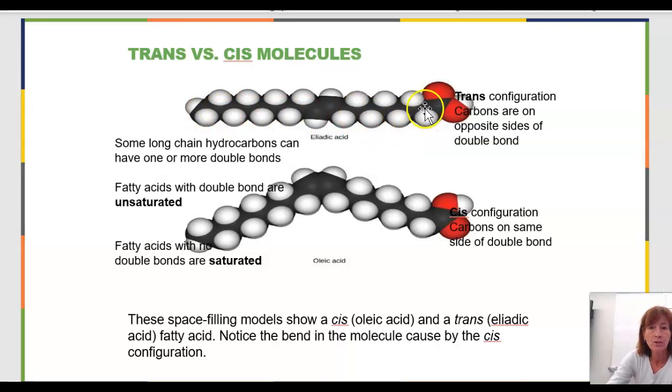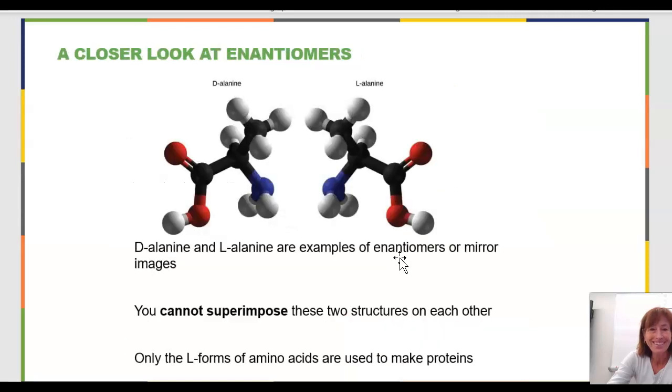The way in which the molecules are arranged around the double bond is going to cause some differences in the behavior and in the shape of these different hydrocarbon chains. And so we can look at things as being saturated versus unsaturated. And we'll talk about this. You can read this when you have your slides in front of you, because I think you'll be able to read it better than what you see here.